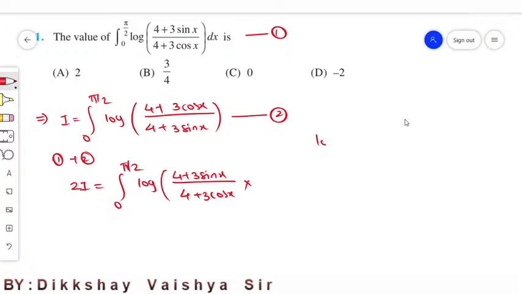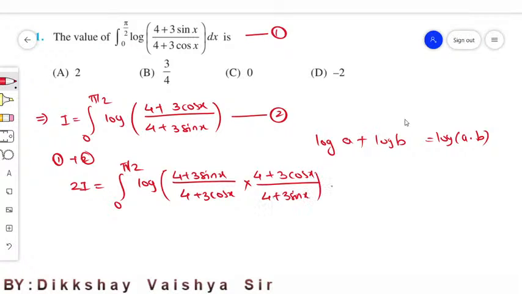Addition नंतर ही प्रॉपर्टी आहे ना, समजा ही पहिली टर्म आहे log a आणि ही दुसरी टर्म आहे log b, so the property can be written as log of a into b. Okay, मी आता डायरेक्टली log of a into b मध्ये लिहितो आहे. So 4 plus 3 cos x upon 4 plus 3 sin x dx.